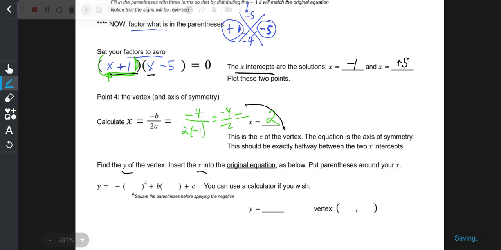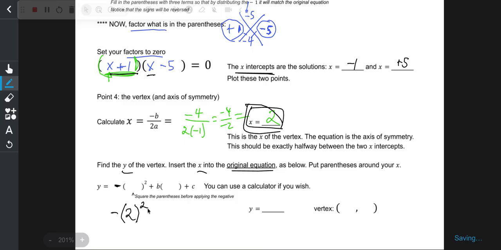Insert this x into the original equation, the original, not this one that we did just for the x-intercepts. The original equation was a negative 1 times x squared, negative x squared, and our x is 2, but we got to put that x in parentheses and then square it.